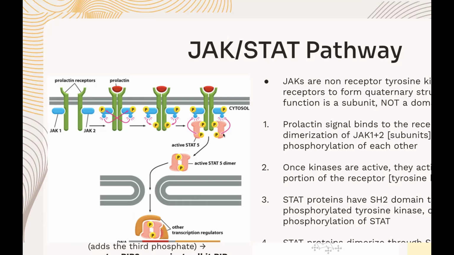Once they have those two phosphates, they form a dimer, they come together, and that dimer gets released and goes on and regulates transcription. In this case, prolactin, transcription of milk protein genes. Does that make sense? Any questions on that? STAT, again, is binding through SH2 binding domains because it's a phosphorylated tyrosine, right?